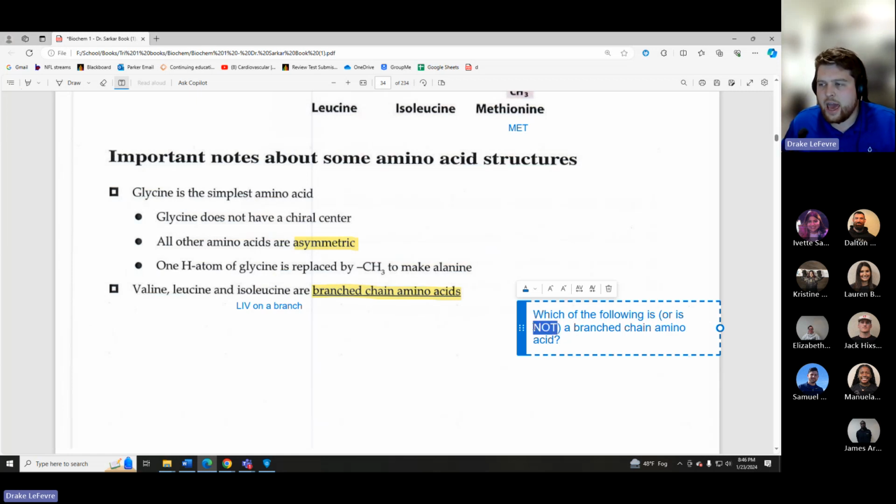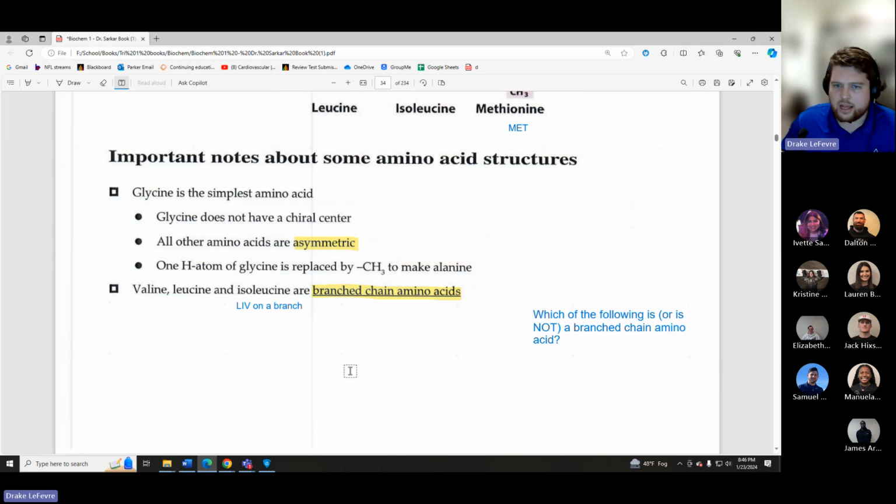A lot of times he'll end a sentence with a negative, and people will read the first part of the question and answer it. They'll see "which of the following branched chain amino acid?" and say, bam, this one. They won't read the whole question, and it's asking which of them is not a branched chain amino acid. So make sure you read the questions and figure out what they're actually asking.